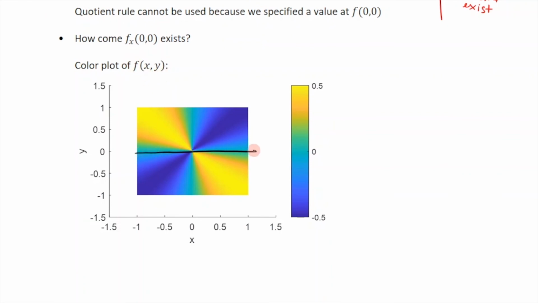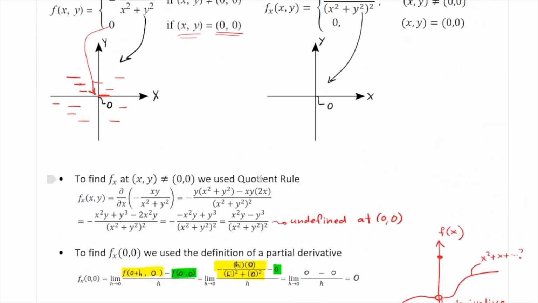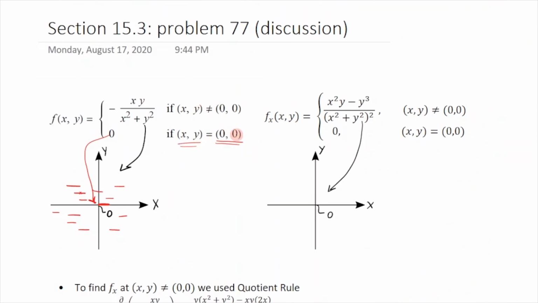And if you were to do the calculation, you will find that everywhere along the x-axis, so along the x-axis means y equals 0, the value of the function equals to what? Well, I'm not talking about 0, 0 right now, I'm just talking about this one.